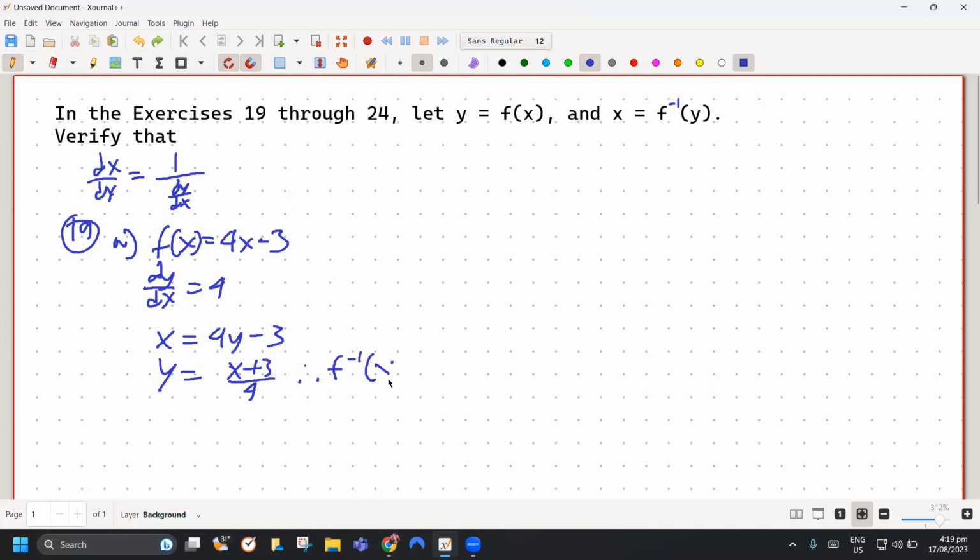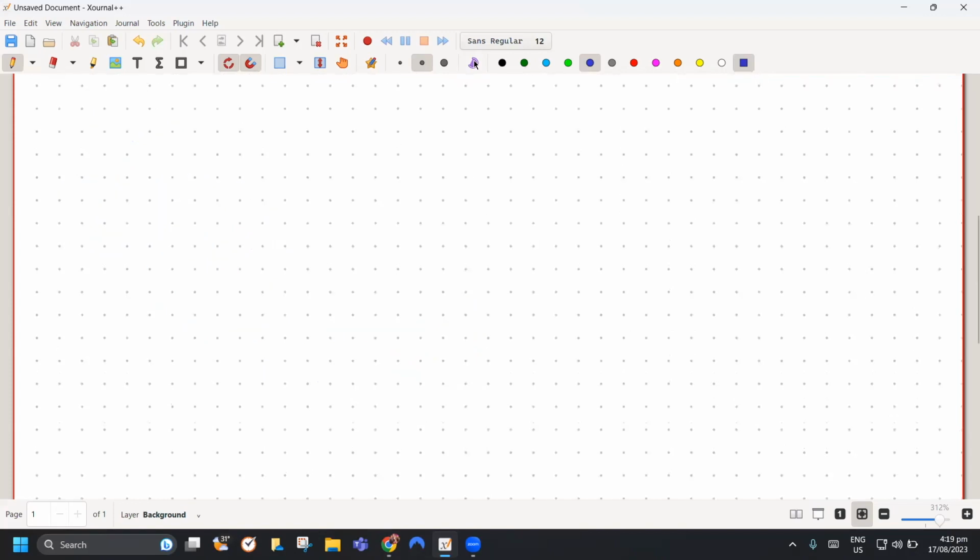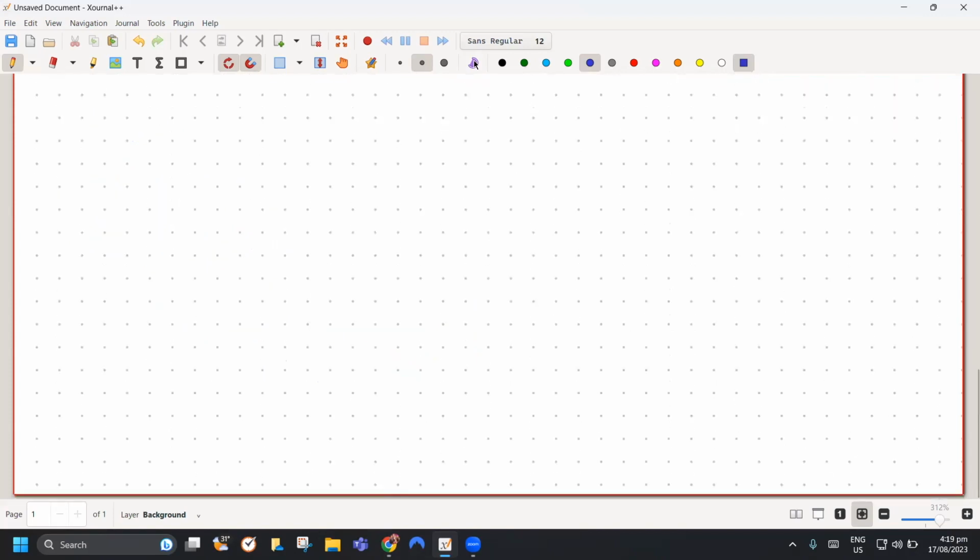Teka. X equals f inverse of y. Teka, ano yung f inverse of y? Balik dun sa ano.